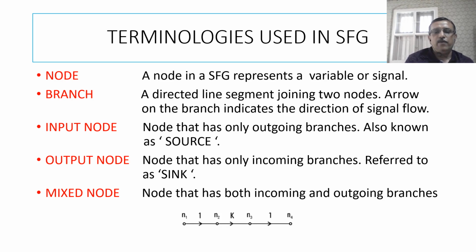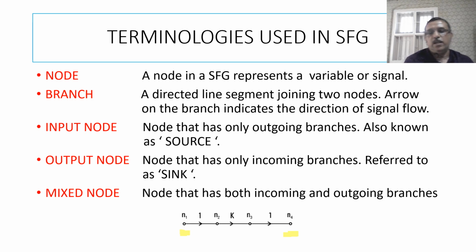Here I have given a very simple signal flow graph. This is the input node. You can see that signal is only coming out of this node. What about this node? This node is the output node.